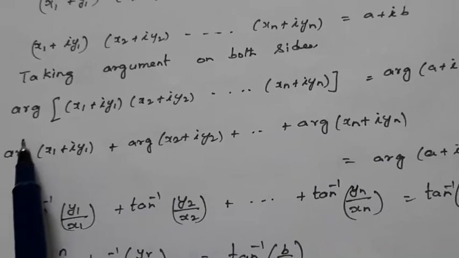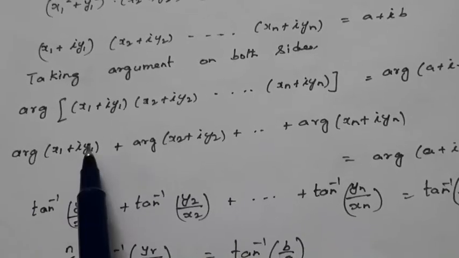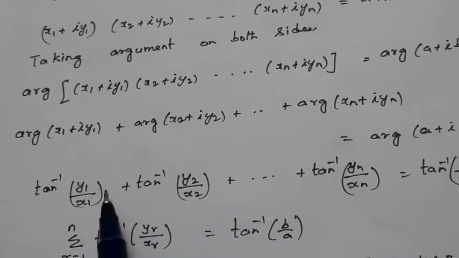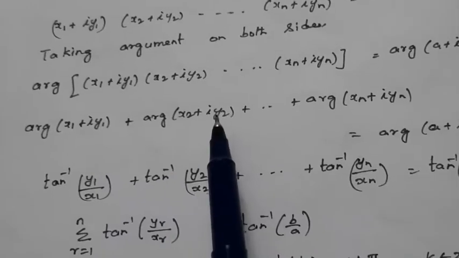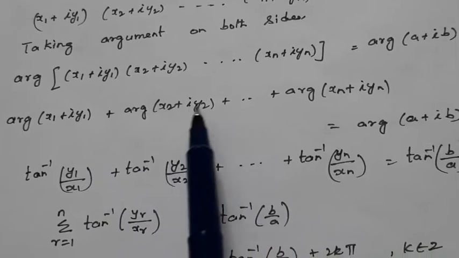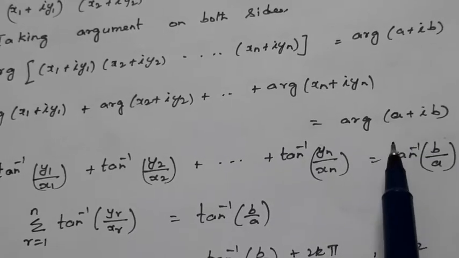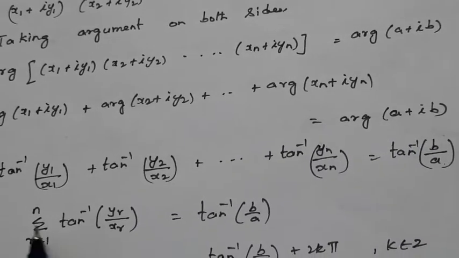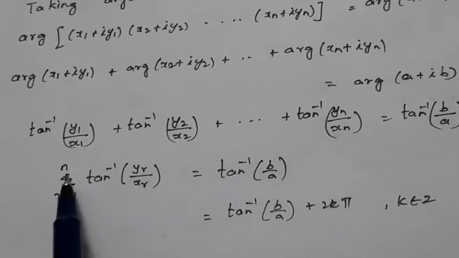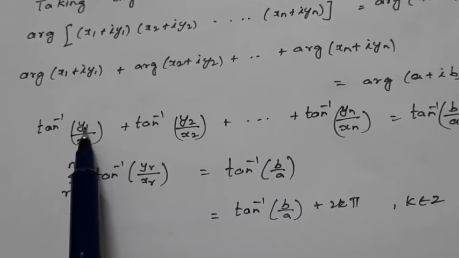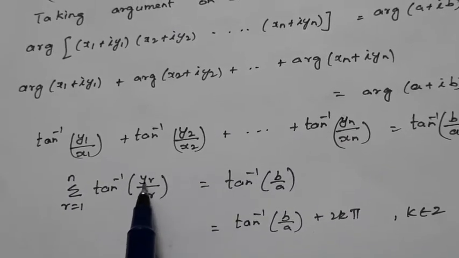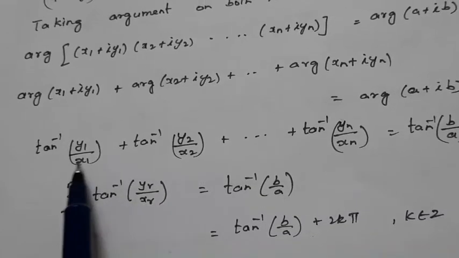Now what is the formula to find the argument of a complex number? Tan inverse of imaginary by real part. So tan inverse of y1 by x1 plus tan inverse of imaginary by real, that is y2 by x2 etc. to tan inverse of yn by xn, and here also tan inverse of b by a. Then this summation can be expressed as sigma. Instead of y1 by x1, y2 by x2, we have taken yr by xr, where r ranges from 1 to n.